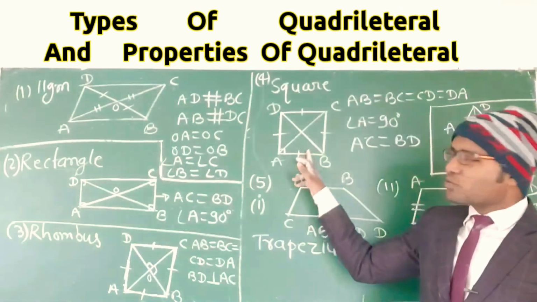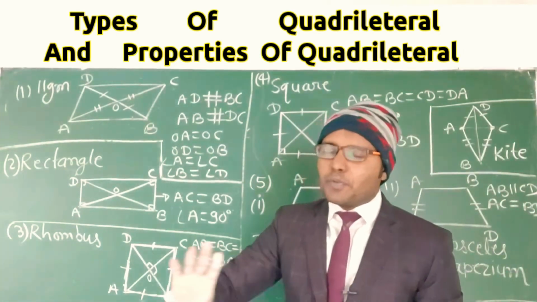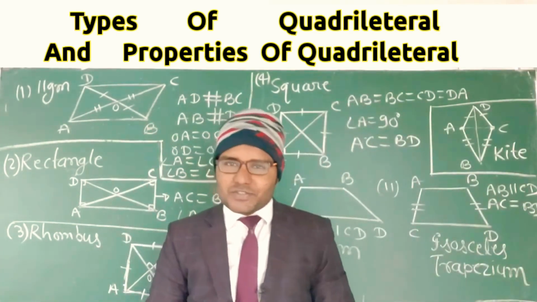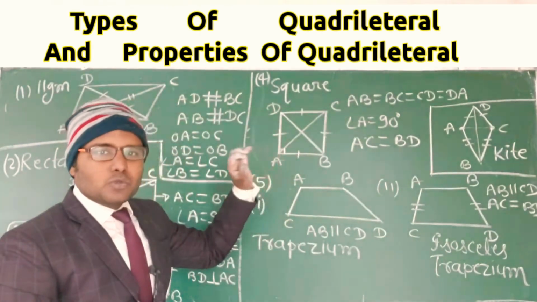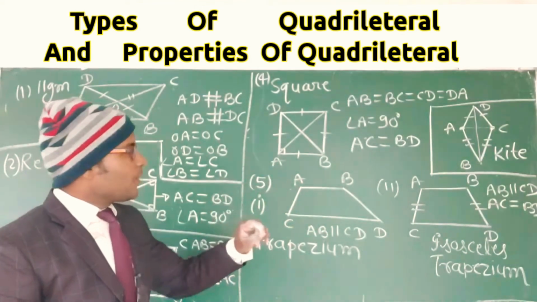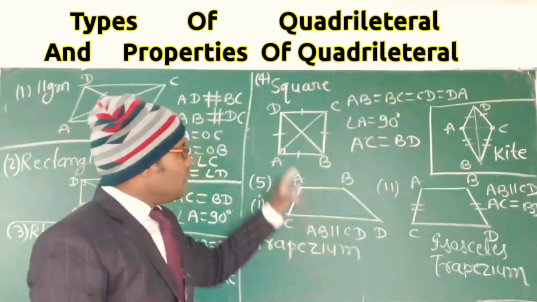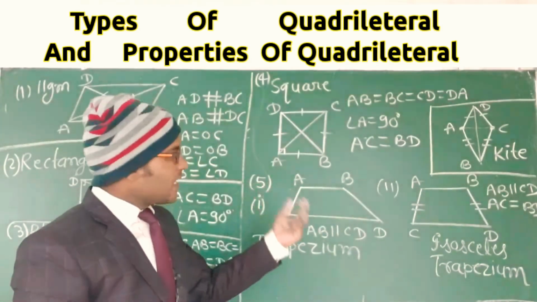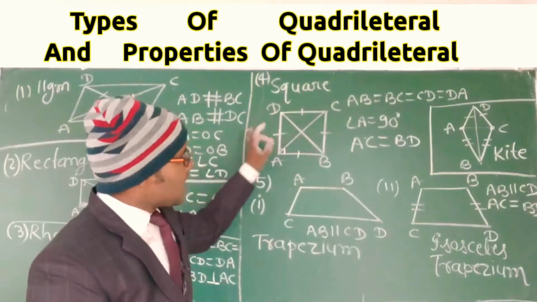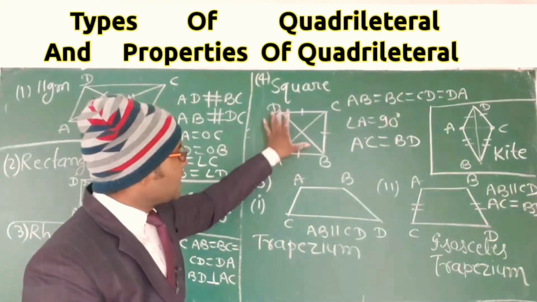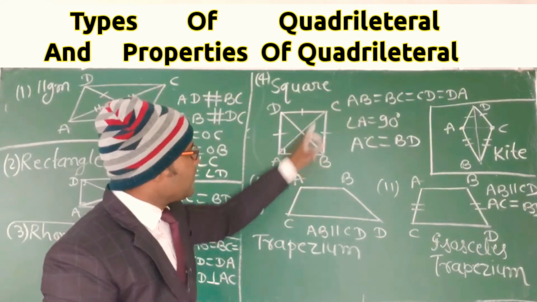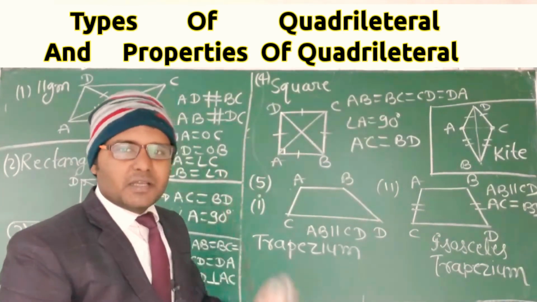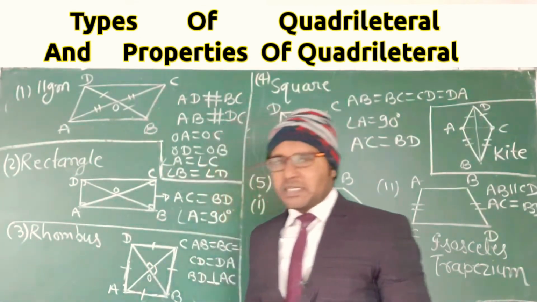That means a square can also fulfill all the properties of a parallelogram, but still a square has 2 more properties. First property, in a square all angles are 90 degrees, and second property, diagonals are equal. Diagonals are equal, that is, BD is equal to AC, and angle A, angle B, angle C, angle D are 90 degrees. But in a rhombus it is not.